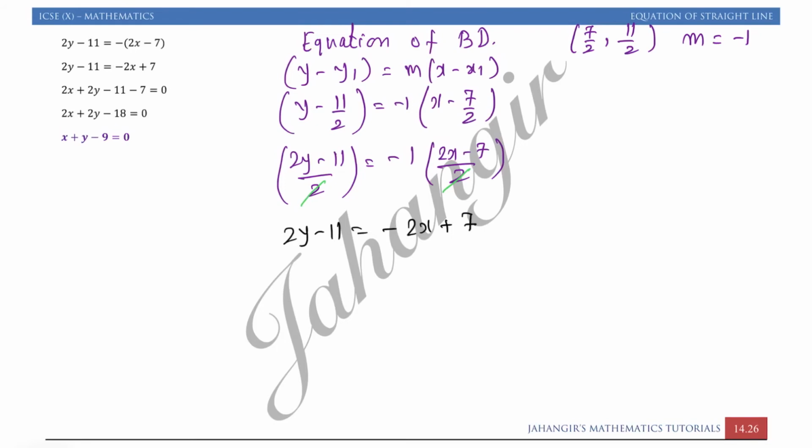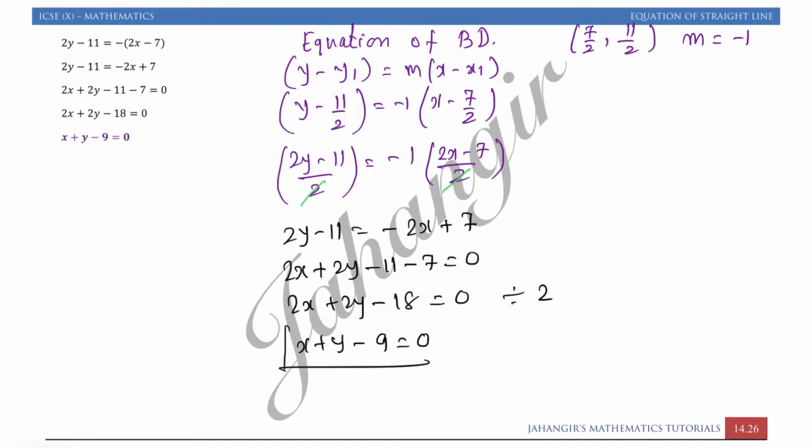Shift all terms to the other side. 2x plus 2y minus 11 minus 7 is equal to 0. 2x plus 2y minus 18 is equal to 0. We will divide all terms by 2. So here we get x plus y minus 9 is equal to 0.